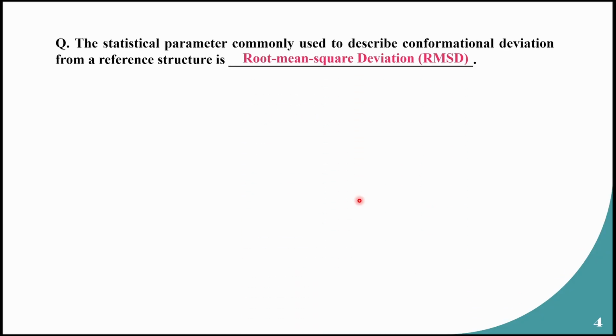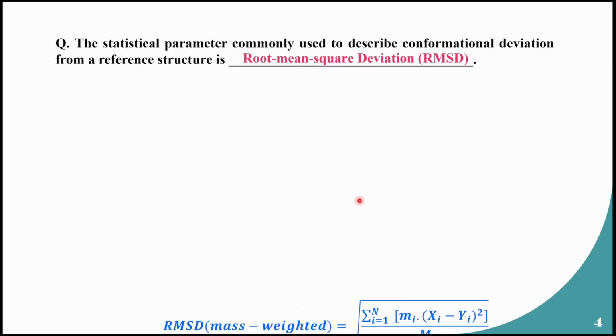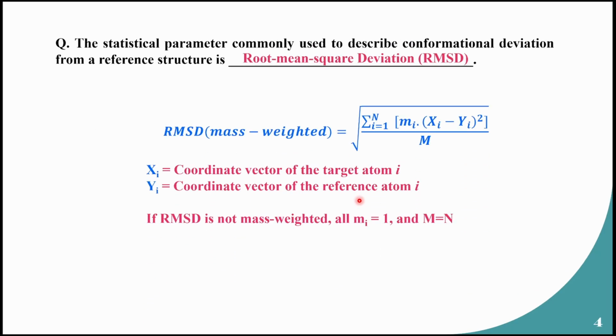One of the most common is the root mean square deviation, or RMSD, which is calculated using the atomic coordinates of a reference protein against the atomic coordinates of the particular conformation you are trying to calculate the difference for.